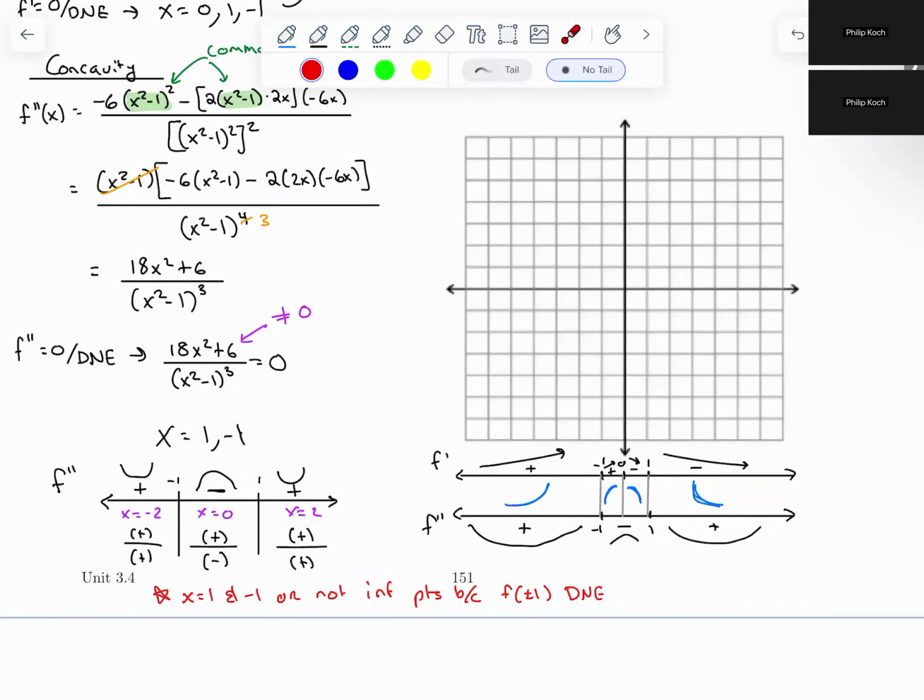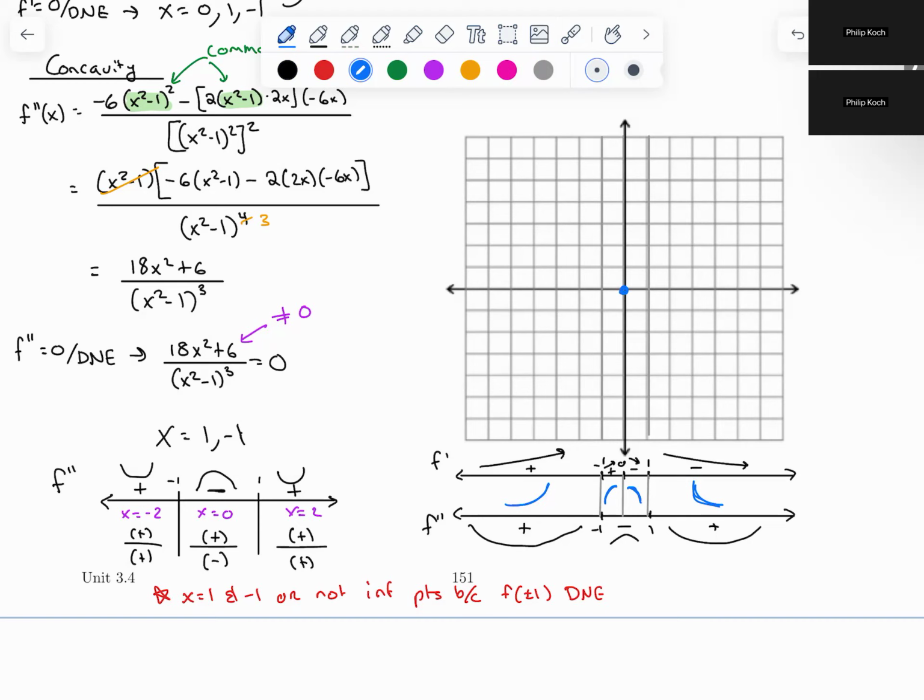So what I recommend is just drawing lines. I'm going to do a solid gray line through -1, though you can't even really see that, through 0, and through 1. That'll just help me with everything. Now I'm going to plot points that I know and any information that I had from earlier on. So I had an x-intercept at (0, 0), a y-intercept at (0, 0), but that's already plotted.